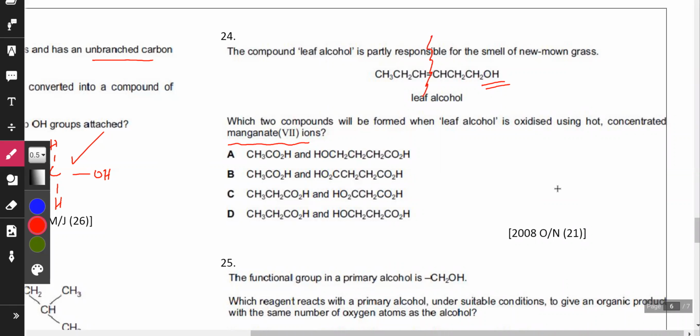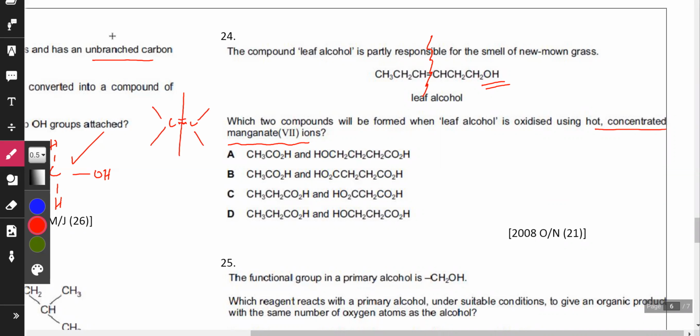So you must know the oxidation of alkenes. If you react with hot concentrated KMnO4, the double bond is going to completely break and the molecule would break into two pieces.